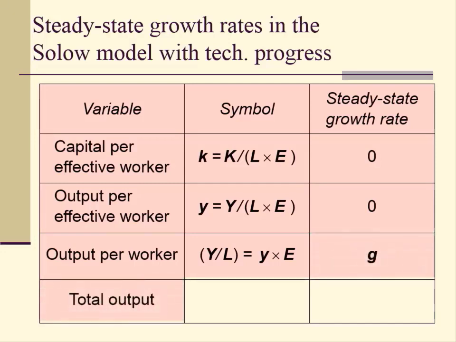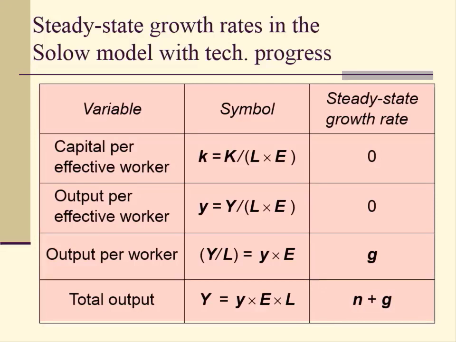And total output Y is expressed as output per effective worker times E times L. Since output per effective worker doesn't grow at the steady state, but E and L grow at the rates g and n, total output Y actually grows at steady state at the rate n plus g.